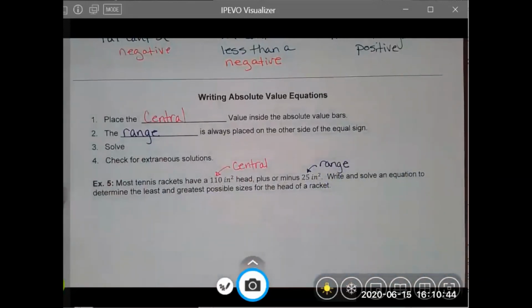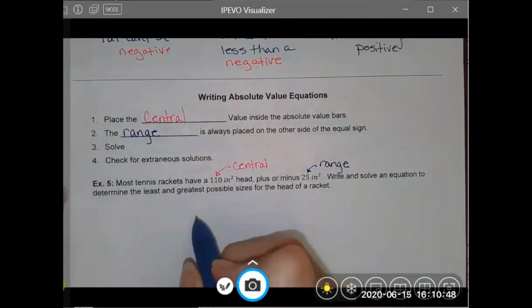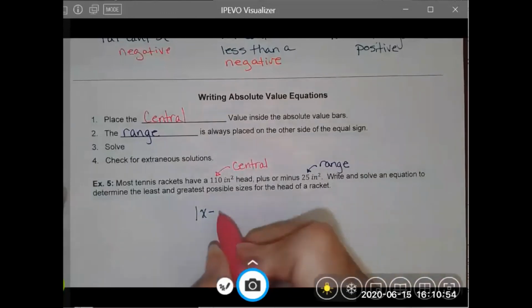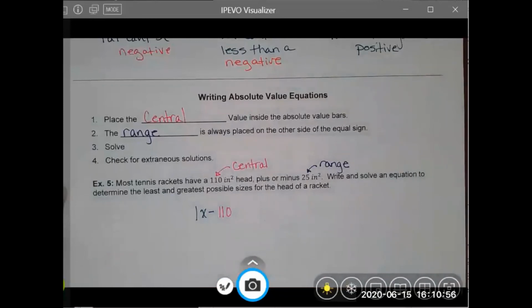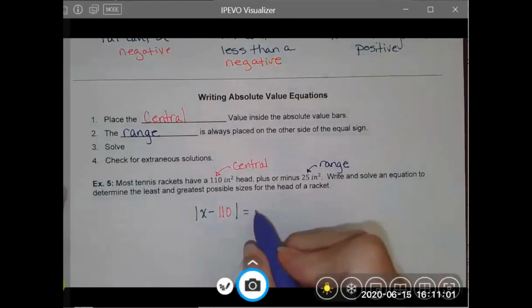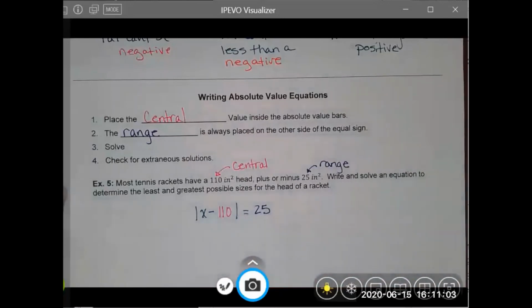Okay, so having identified those two numbers, I can write an absolute value equation. So the racket I have minus my central value, which in this case was 110, the absolute value of that has to be within a 25-inch squared range. So that's the equation that I set up. Now I use my solving equation skills.